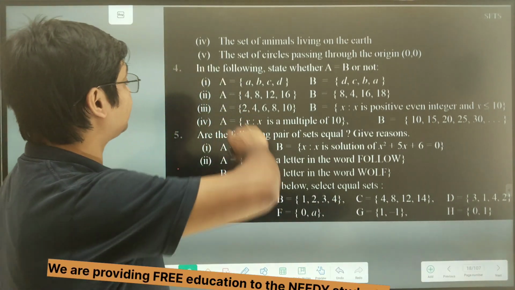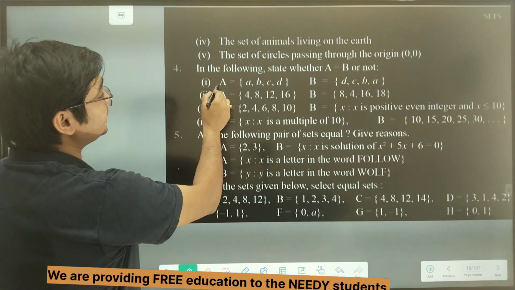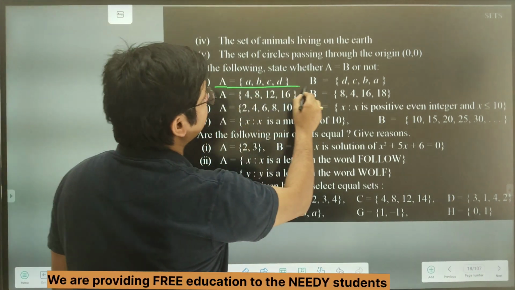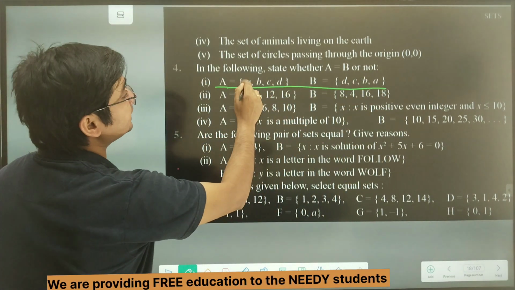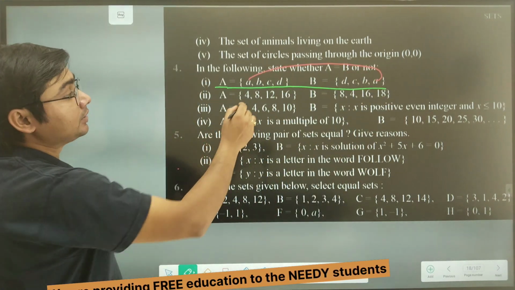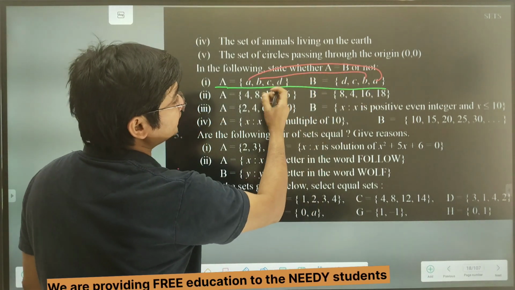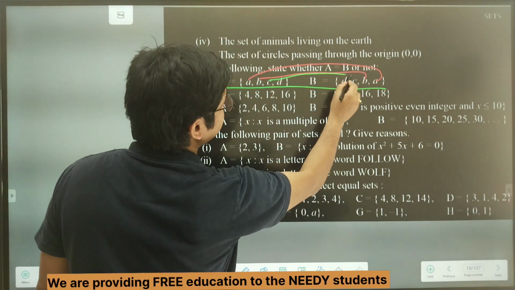Check whether this first A and B are equal or not. Here you see A is an element, here A is an element. Also B is an element, here also B is an element. Here C is an element, here C is an element.